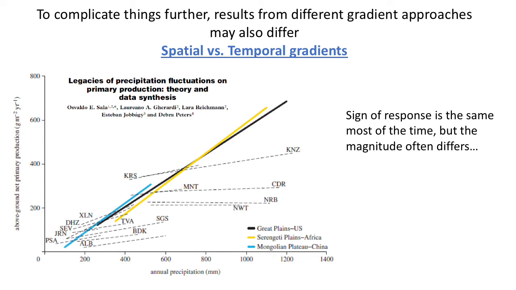These thick solid lines indicate the relationship based upon large spatial gradients on three different continents: the Great Plains, the Serengeti, and Mongolia. But if you look at individual sites within all of those regions, you still see a positive relationship, but the slope is very much different. So the sign of the response is the same, but the magnitude can differ dramatically depending on whether you're using a spatial gradient or a temporal gradient to try and understand the driver of a process.